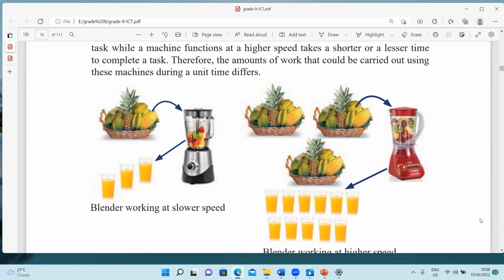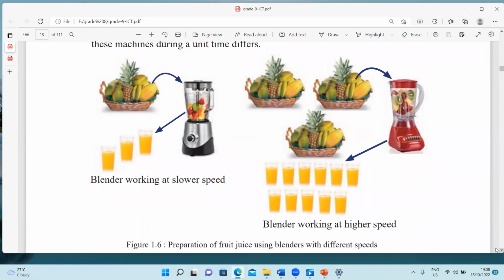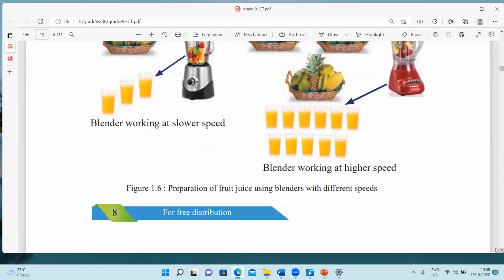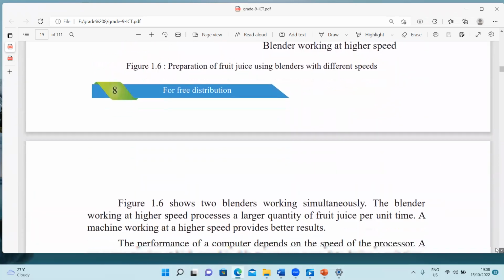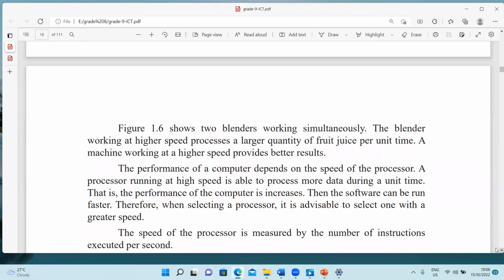That means the red color one. So given a certain period of time, if the machine can process more, then we call it the fastest. Likewise, we check the processing speed in our machine.